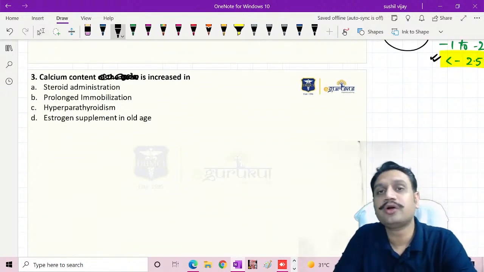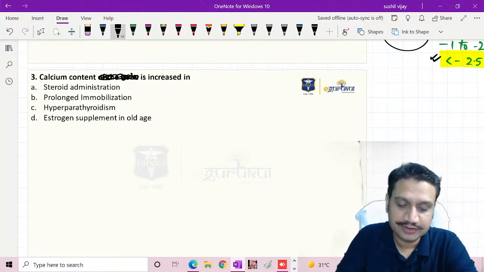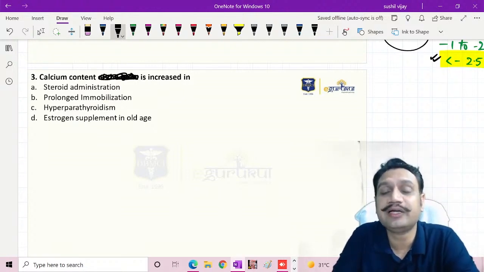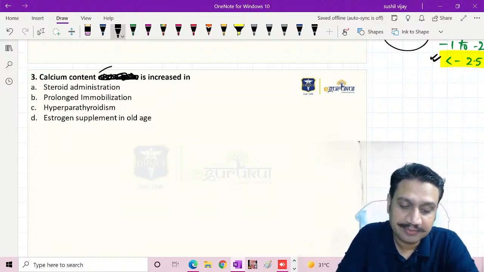Of the bone you cannot increase, right? Nothing can increase the calcium in the bones. There is no way. So that should be the correct question, that calcium content is increased in which condition. You cannot check the calcium content of the bone. What we check is the calcium content in serum.